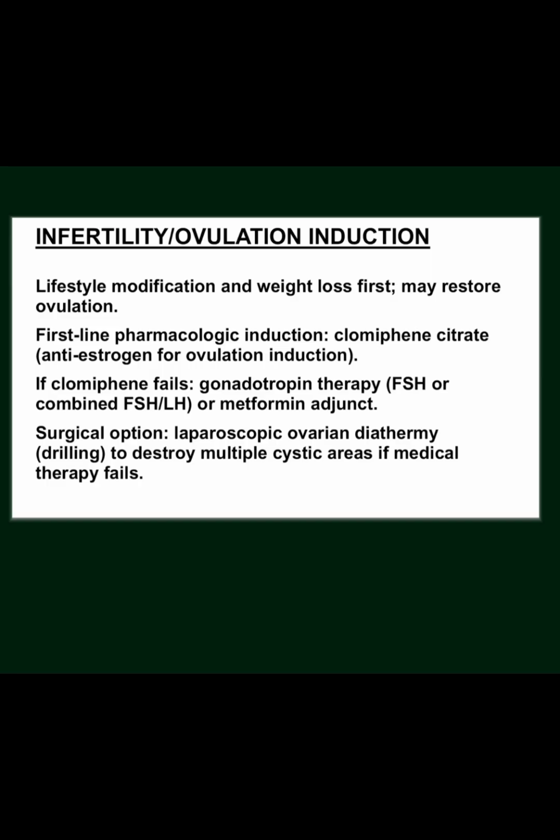If all these things are refractory or they do not work well, you can do a surgical option, you can do a laparoscopic ovarian diathermy, okay, drilling to destroy the multiple cystic areas if medical therapy fails.